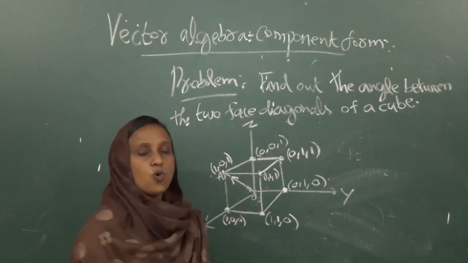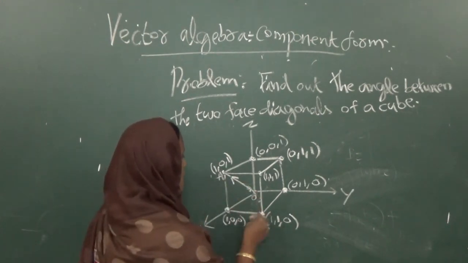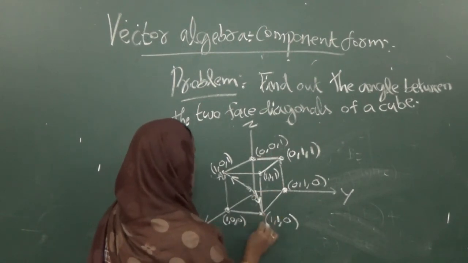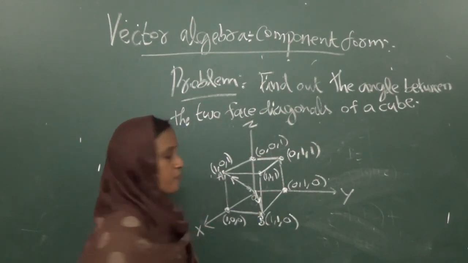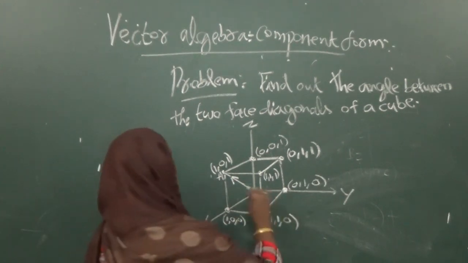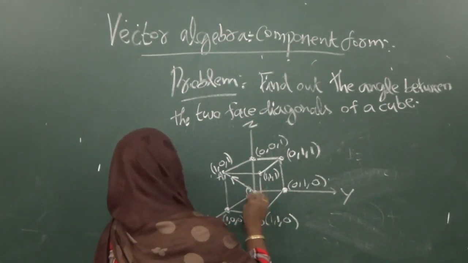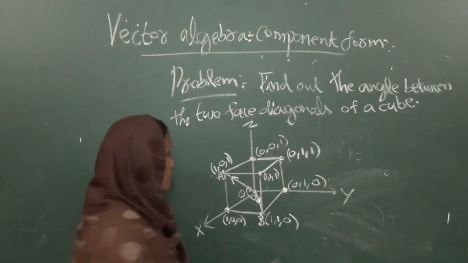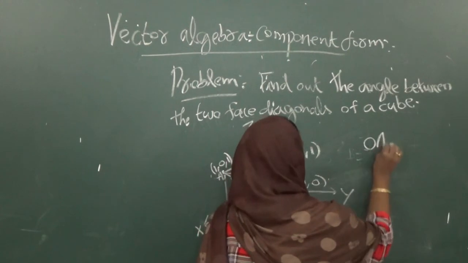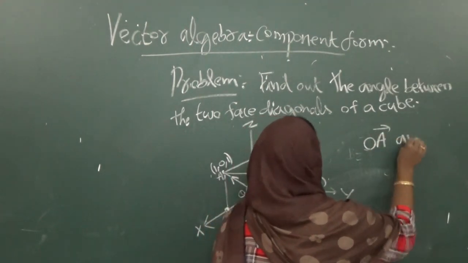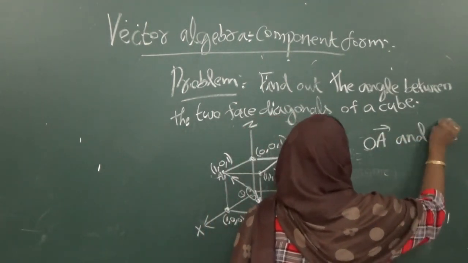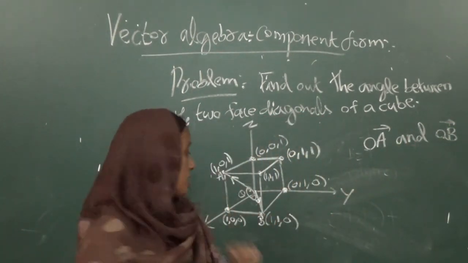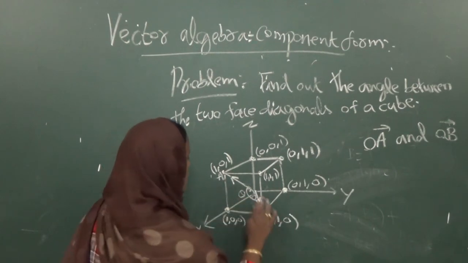OA represents one of the face diagonals, and suppose this one is the other face diagonal, OB. We have to find out the angle between these face diagonals, angle theta. OA and OB are the two face diagonals shown in this diagram.